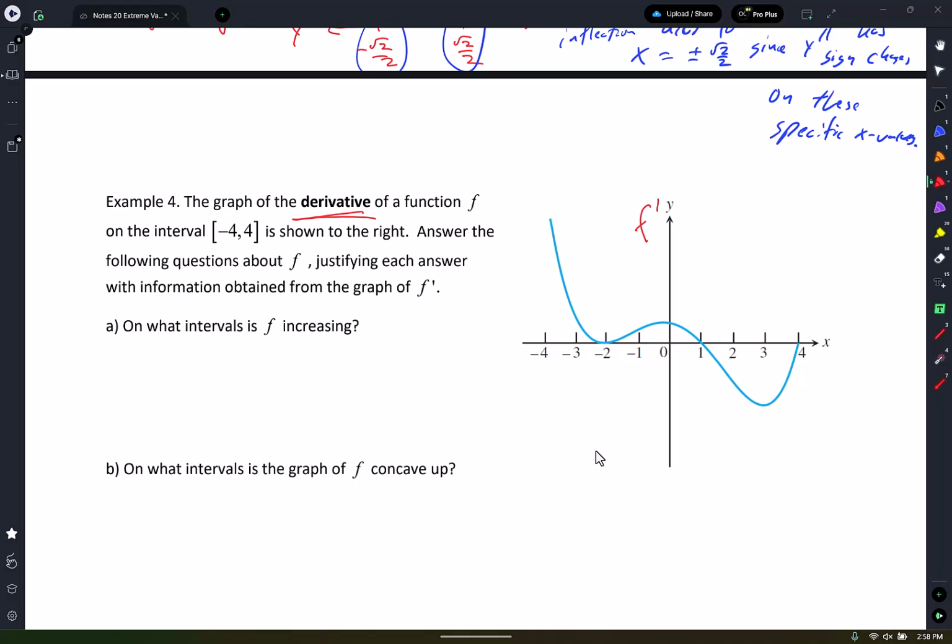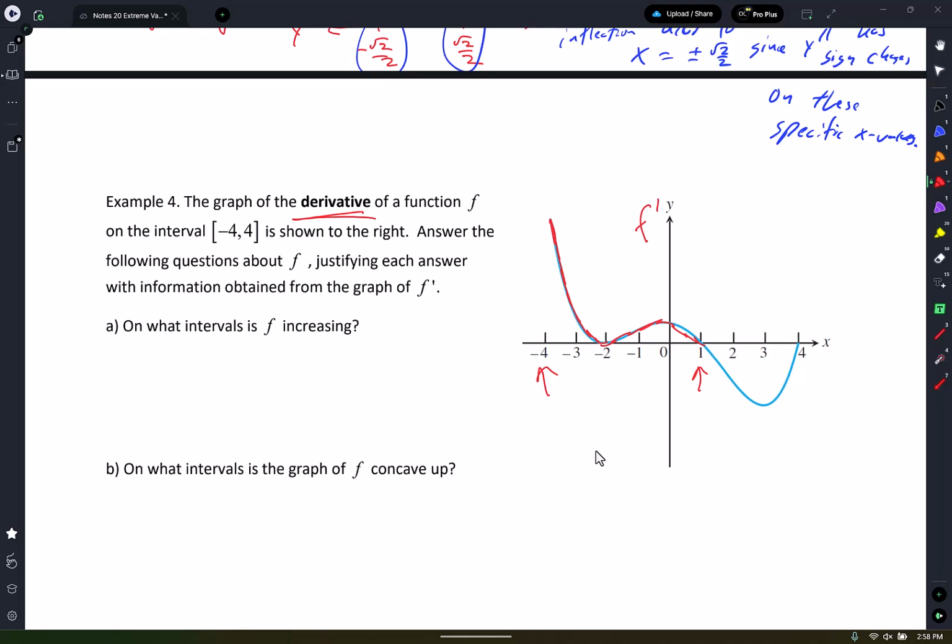Positive. As long as, guys, f prime is the slopes of f. As long as f prime is positive, f is going to increase. Where is it positive? Negative 4 to 1. That's where it's above the x-axis, where it's positive.